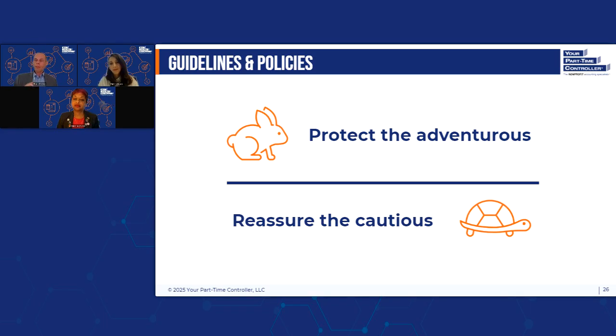But I want to talk very briefly here about guidelines and policies. They're two separate things. Guidelines are a great place to begin if you don't already have any policies in place for AI. An even better place to begin is your acceptable use policies for digital tools and software in general.